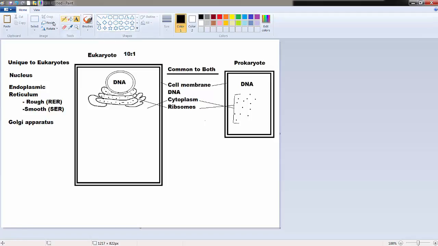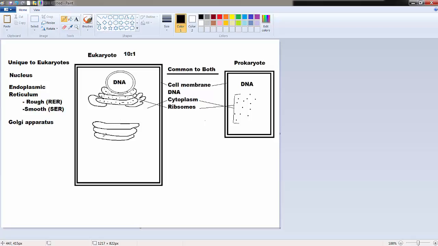The Golgi apparatus looks a little bit similar with my real simple stick figure drawing anyway. It's another series of flattened membrane sacs, often occurring just adjacent to the endoplasmic reticulum. So I'm going to draw that just off to the side over here. It's usually a layer of these membrane sacs that stack on top of each other like this.